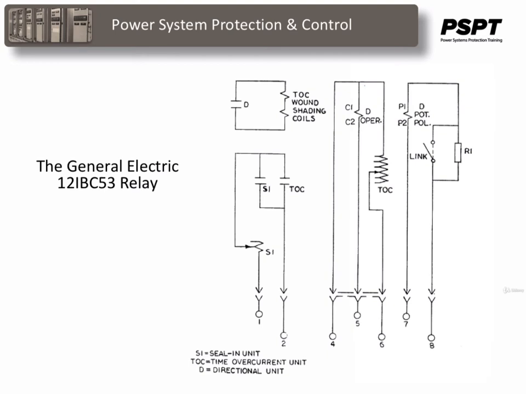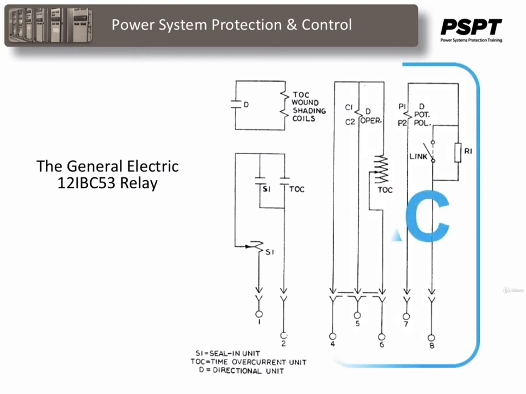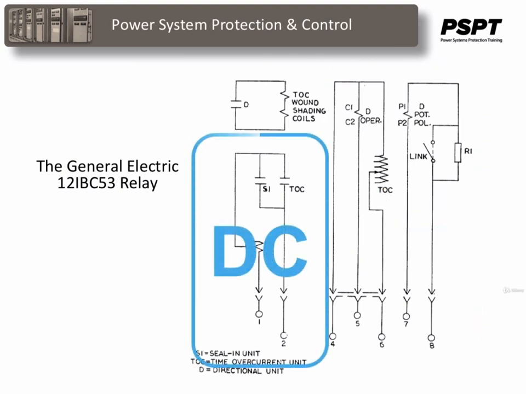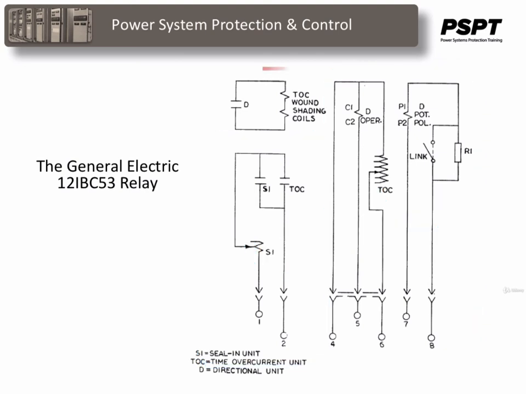In looking at the internal workings of this relay, it helps to separate out the AC components from the DC components. The IBC relay is much the same as the previously studied overcurrent relay. However, the directional unit influences the timed overcurrent unit. The directional unit is made up of an induction cup unit that will rotate only for power flow in the direction of the feeder or the line and completes the circuit.